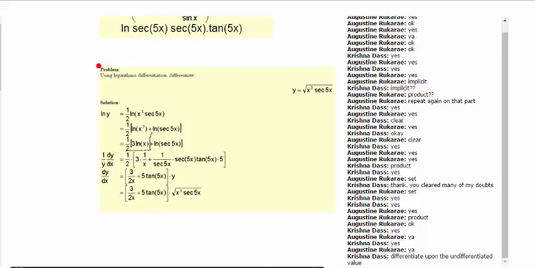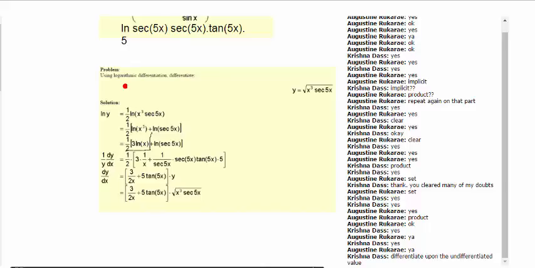This particular part is just the differential of secant. This should be x, but instead of x, we have 5x. Now we go and multiply by the derivative of this 5x, which is 5. So this is how we differentiate this particular function.